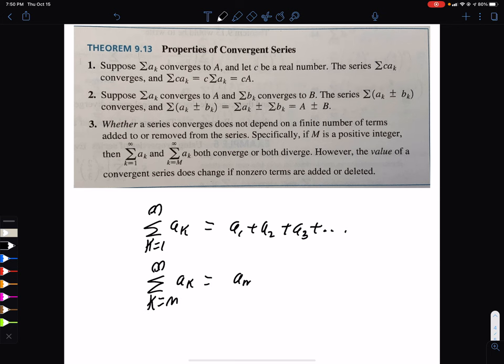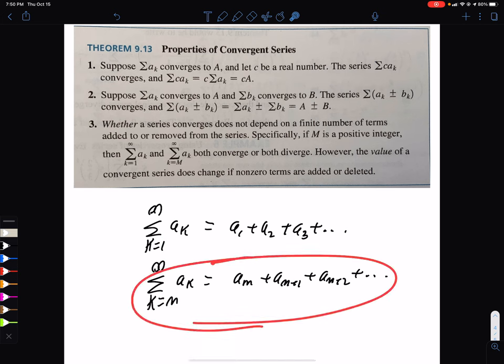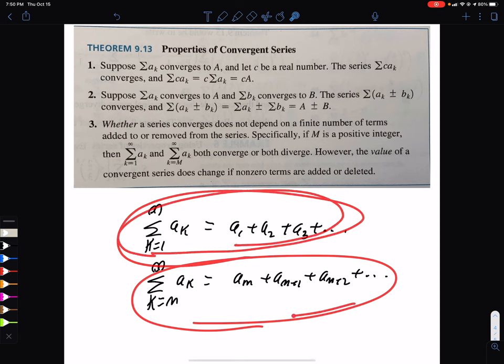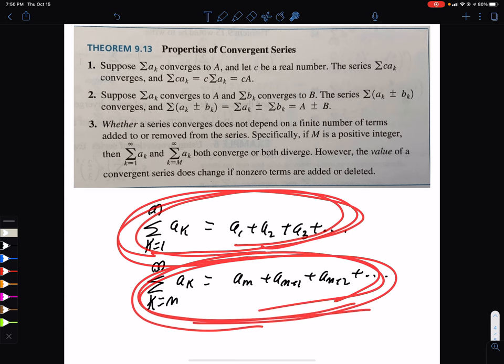So I'm going to start at a sub m plus 1, a sub m plus 2, plus dot, dot, dot. Here's what this theorem says. It doesn't matter if you start at 1 or 2 or 100 or 1,000,000. It doesn't matter your starting point. Both of these series will do the same thing. If the first one converges, then the second one converges. If the first one diverges, the second one diverges.